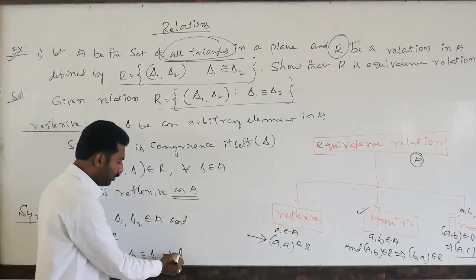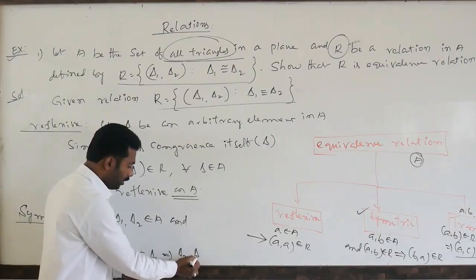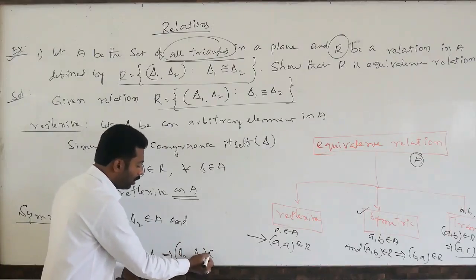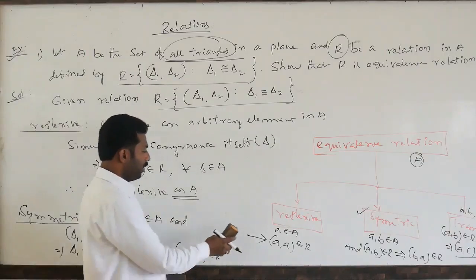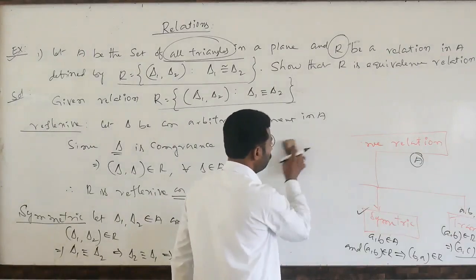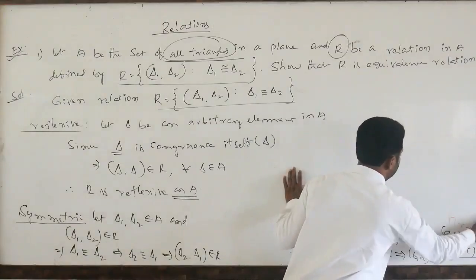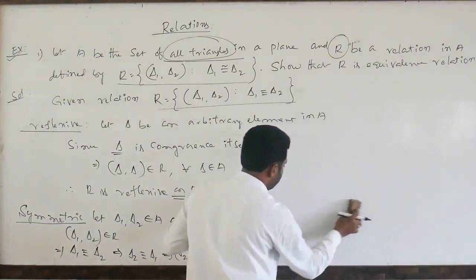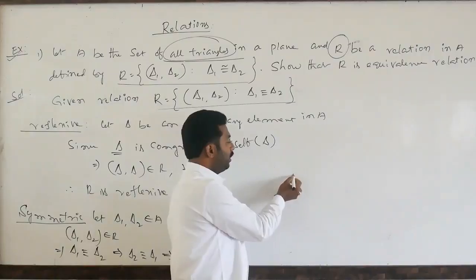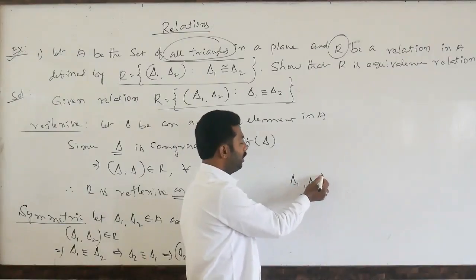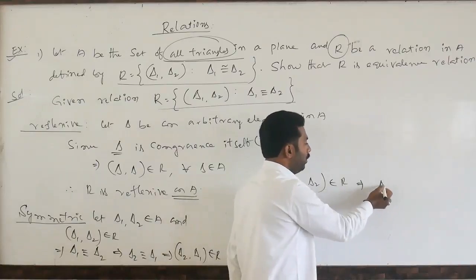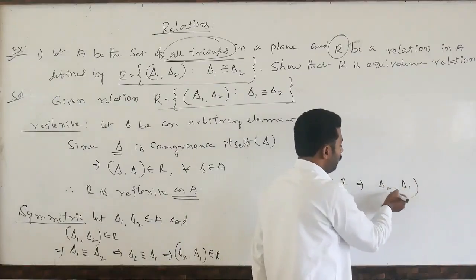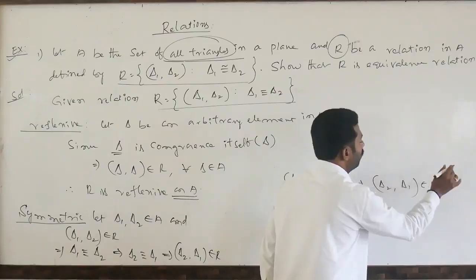So from this we can say that there is a relation between delta 2 comma delta 1. What we assumed in symmetry is a relation between delta 1 comma delta 2, and what we proved is a relation between delta 2 comma delta 1 also.